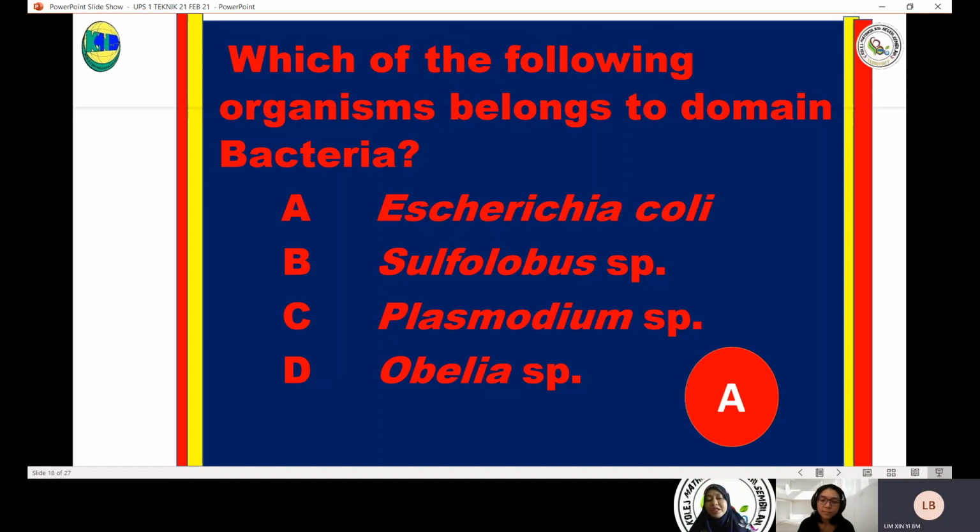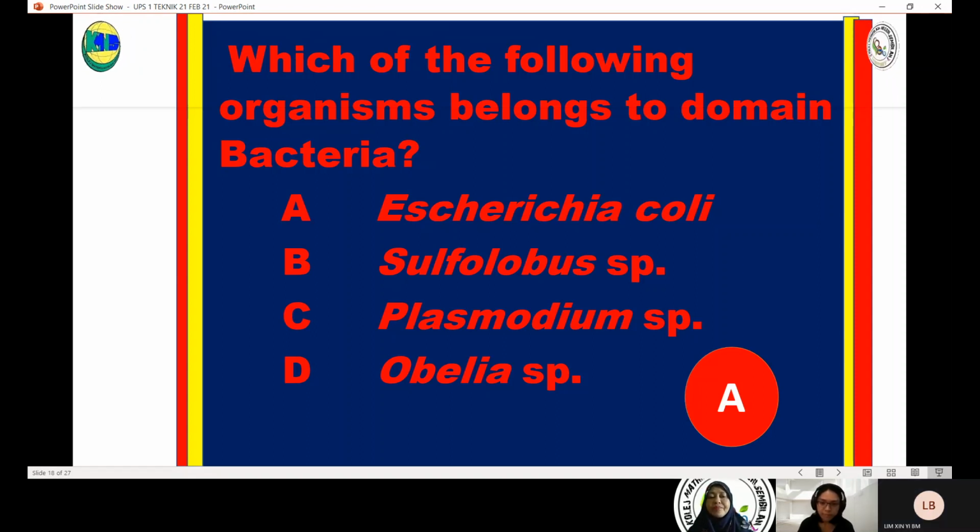In the Gram staining technique you observe this bacteria; if you experience the real experiment it is very interesting, you can observe the structure of E. coli, pink color. So the answer is A.